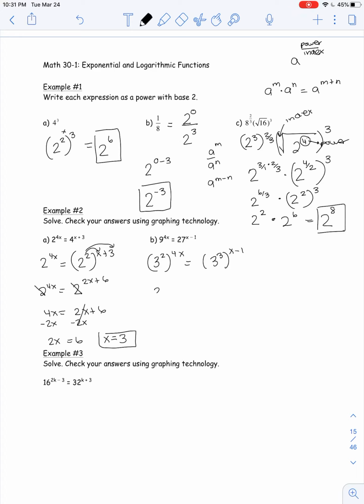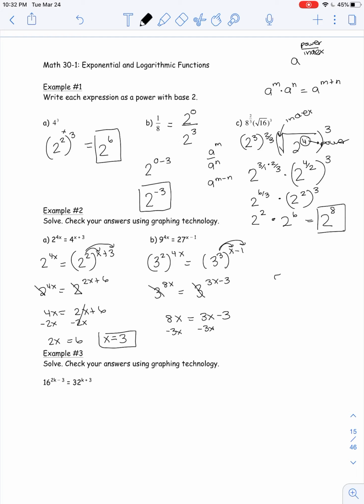And then we are going to multiply the powers together. 3 to the power of 8x equals 3 to the power of, distribute, 3x minus 3. Now the bases are the same. They cross each other off, leaving you with 8x equals 3x minus 3.